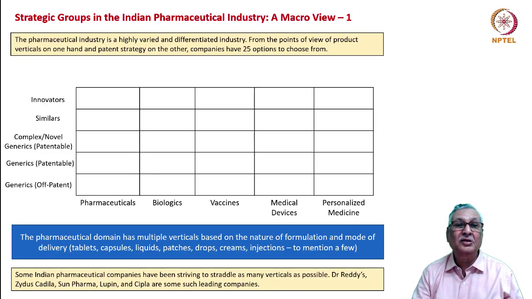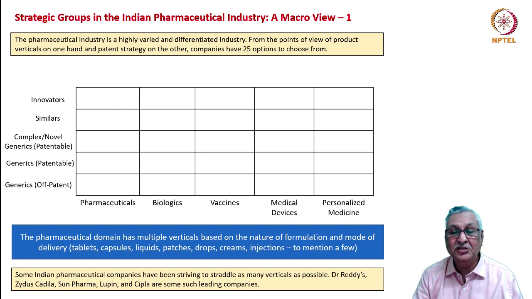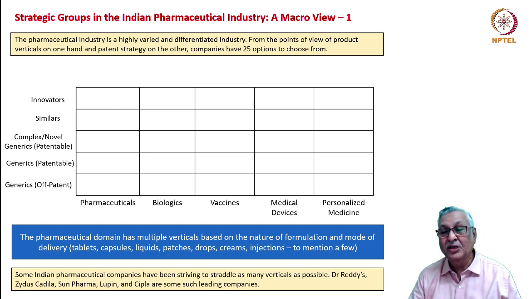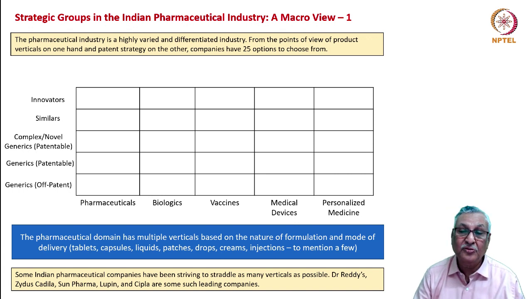Let's look at the strategic grouping that is possible in the Indian pharmaceutical industry. The Indian pharmaceutical industry is a highly varied and differentiated industry, as we all know. From the viewpoints of product verticals on one hand, and from the viewpoint of patent strategy on the other, we have 25 company options to choose from. We could be in pharmaceuticals, biologics, vaccines, medical devices and personalized medicine as structural grouping.